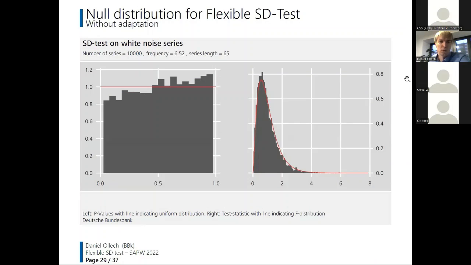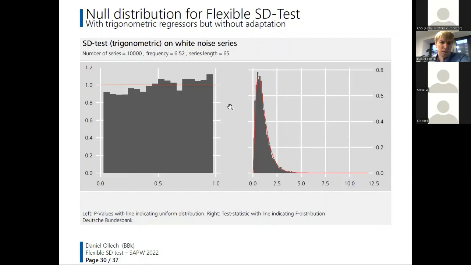Now, without any adaptation, but using the flexible seasonal dummy test, we see that, again, for a frequency of 6.52 in 8-weekly series, the null distribution is distorted or biased somewhat, which we can also see here.